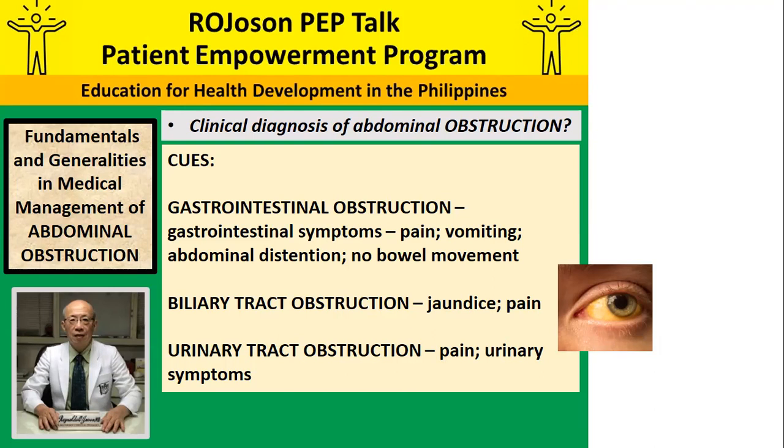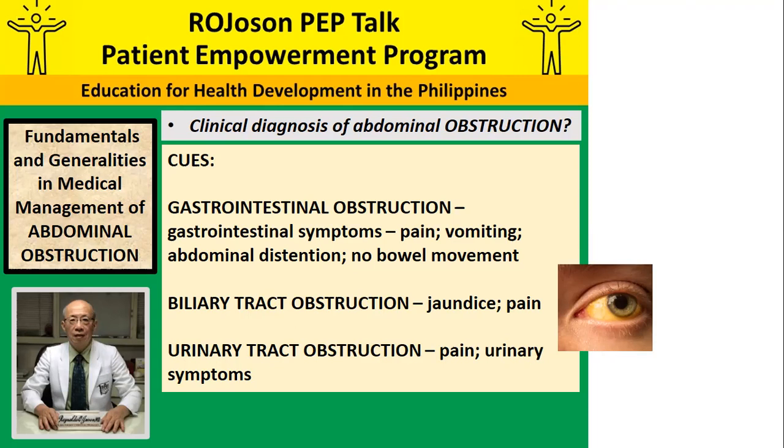So it could be not a biliary tract obstruction, but the so-called medical jaundice, like hepatitis. For urinary tract obstruction, pain is a very frequent symptom, pain during urination, so the patient also has urinary symptoms. So these are the cues for the three types of obstruction: gastrointestinal, biliary, and urinary tract obstruction.